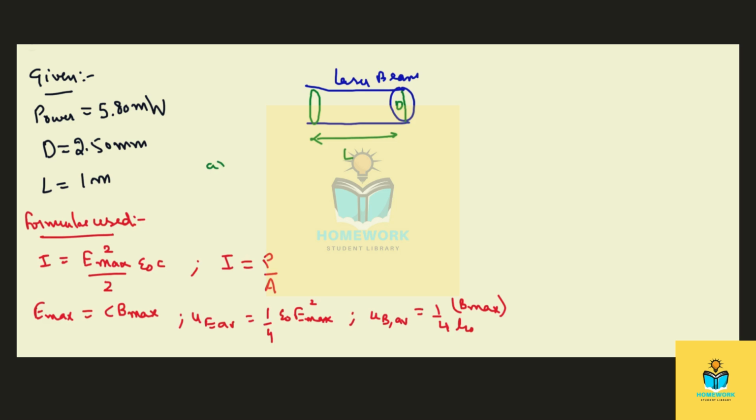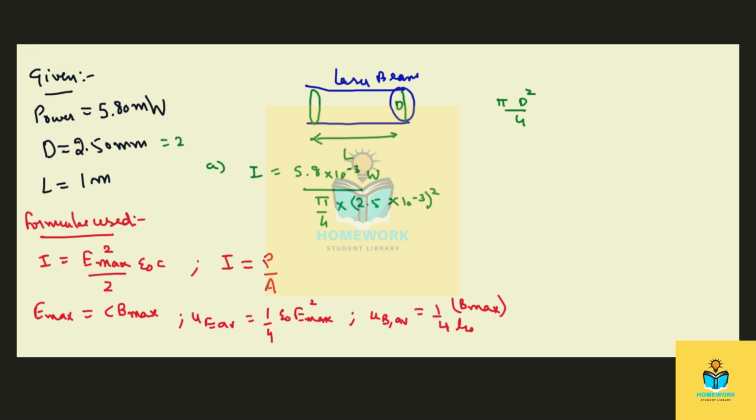So we have part A. So we have intensity here, which is power over area. So this gives us power is 5.8 milliwatt, 10 to the minus 3 watt, over area. I'm talking about the area. So this is the area. So we have pi d over 4 square. So we have pi over 4 times 2.5 into 10 to the minus 3 meter square.